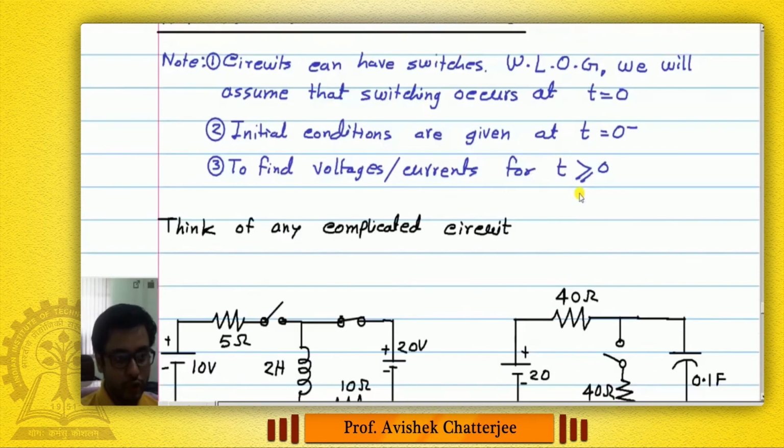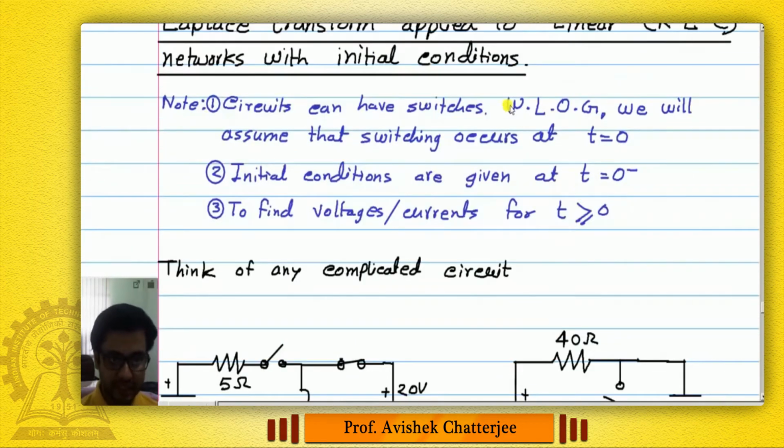Now, without loss of generality, we will assume that this switching on or off takes place at time t equal to 0, or whenever this switching takes place, we will call that moment t equal to 0.